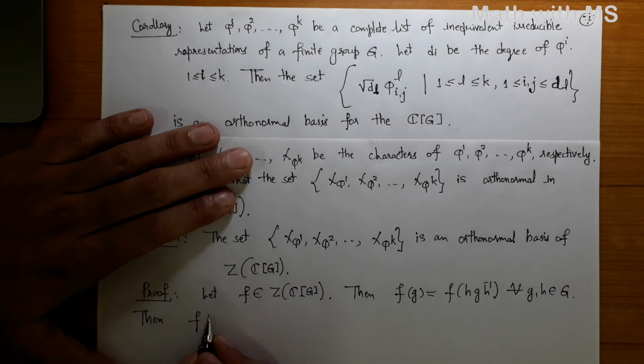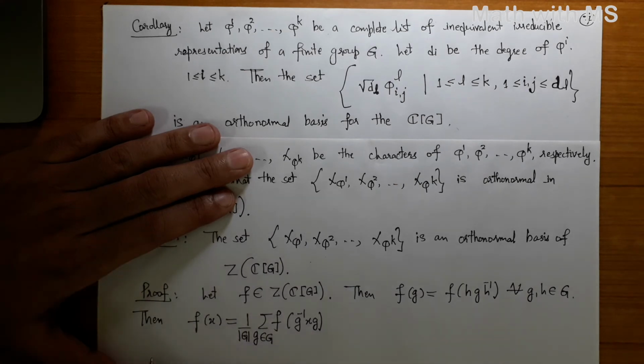Consider f of x. Then f of x is the same as f of g inverse x g for any g in G. You sum over the group elements, so you get order of G many copies of the same element, so divide by the order of the group G. Therefore f of x can be written in this form.